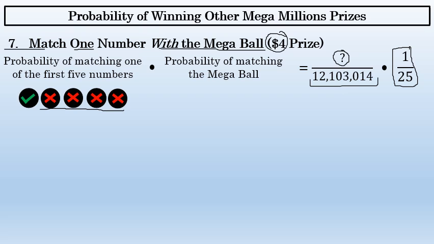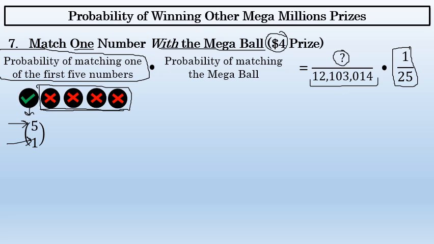So, looking at the probability of matching exactly one of the first five numbers, well, matching that one number, there are five possible winning numbers. Out of those five possible winning numbers, we want to match one. The other four numbers, we do not want to match.